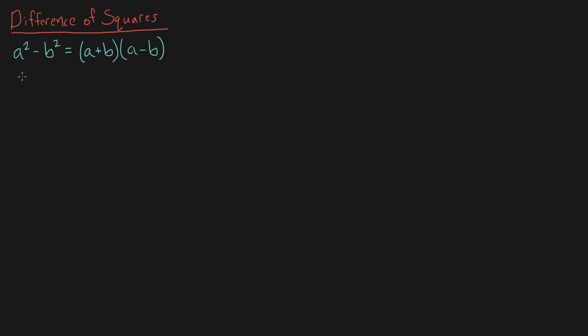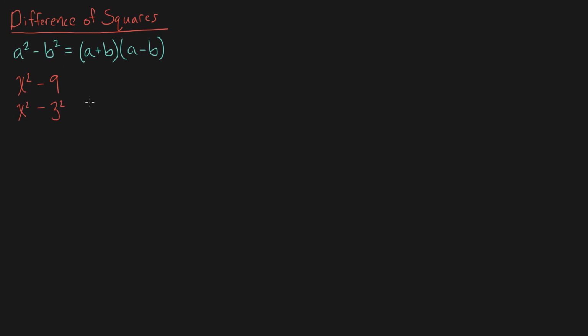Let's say I have the expression x squared subtract 9. Now this may not seem like it's in this form. For example, I don't have an exponent on the 9 here, but I can rewrite this expression so that it is in this form of a squared subtract b squared. If I rewrite this as x squared subtract 3 squared, remember 3 squared is the same as 9, so I haven't changed it at all. This is still an equivalent expression, but now it's in the form where I have some quantity squared subtract another quantity squared.